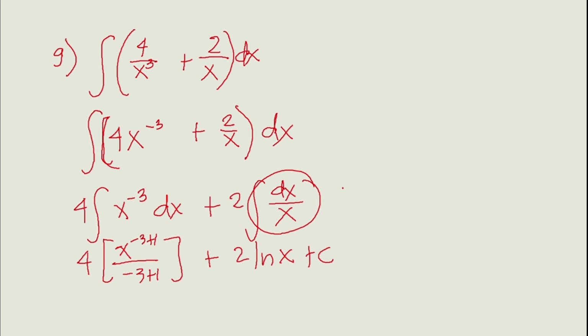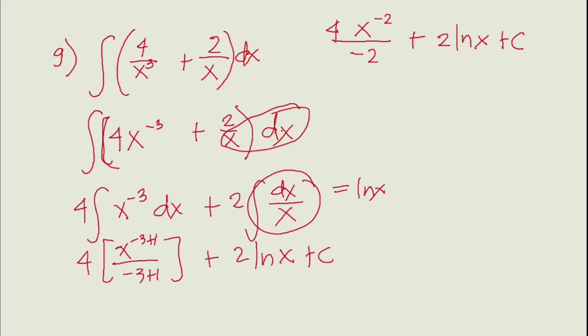Again, this is ln x. So we have 4x raised to negative 2 over negative 2 plus 2 ln x plus c. It could not be raised because that would make it undefined if we raise to negative 1 plus 1. The exponent n should not be equal to negative 1. That's the statement, so that's why we use dx over x.